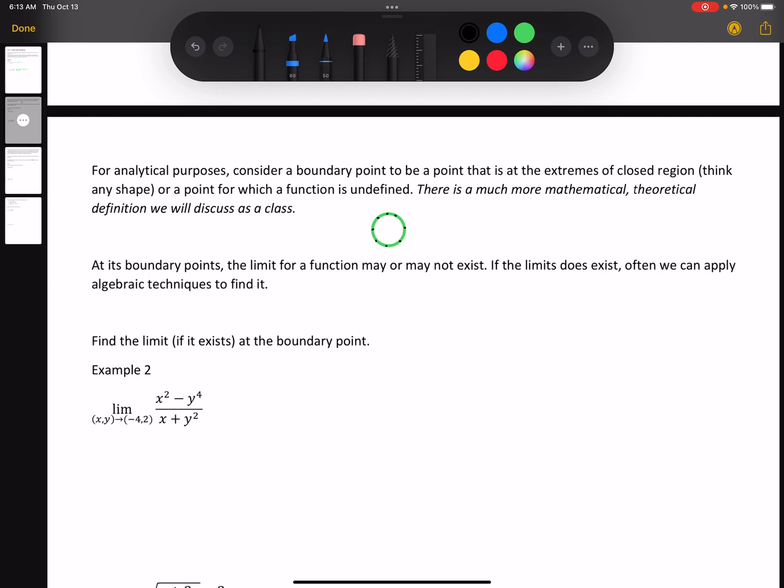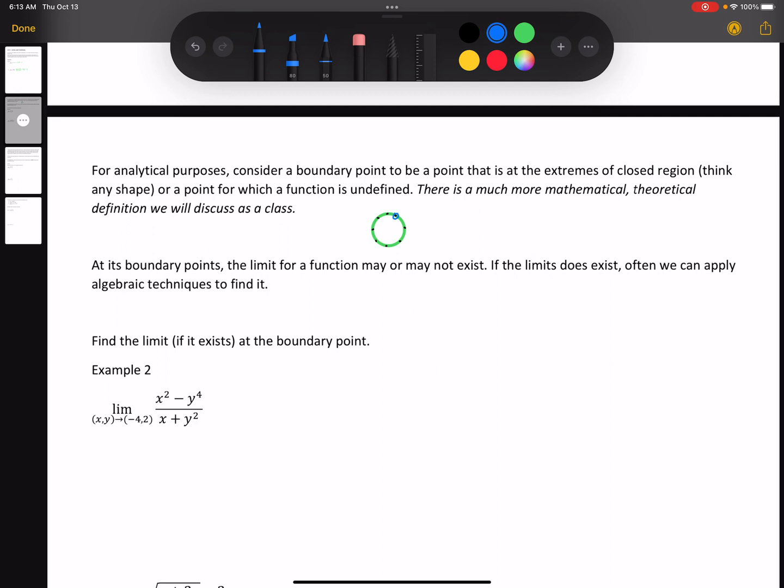And you know, we can get in the weeds right now. For something to be a boundary point, it has to be true that, because in R2, when you approach a point, you're not coming from the left or right. You can be coming from any direction. So for something to be a boundary point, if you drew the tiniest disk around the point, there are some points that are exterior to the region, and there are some points that are interior to the region.